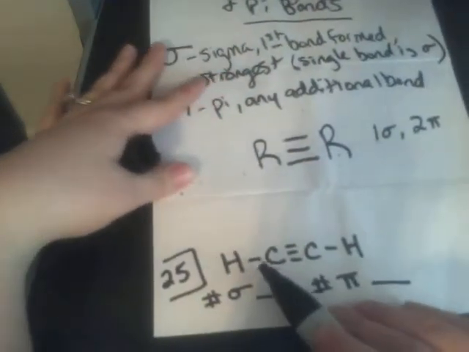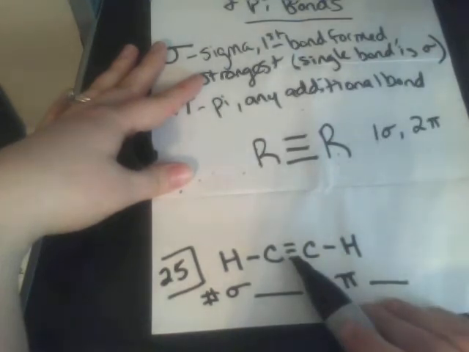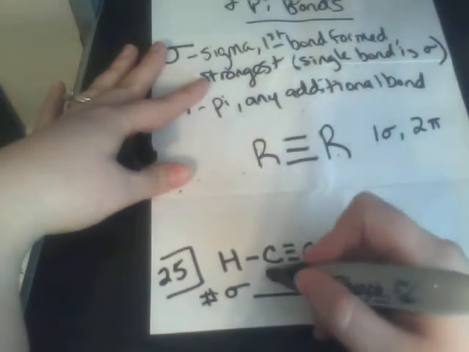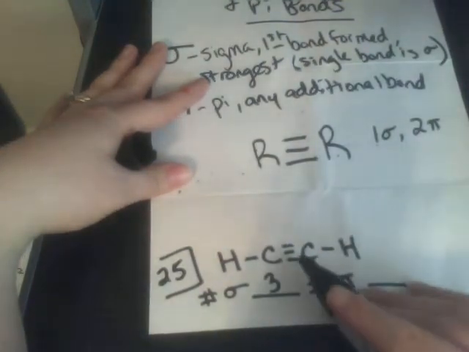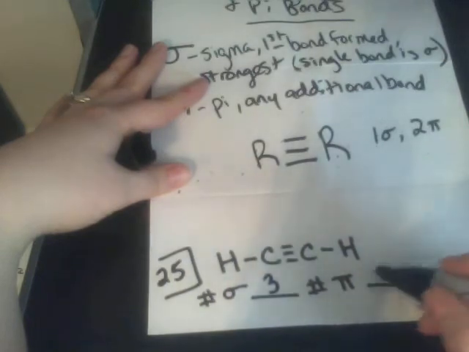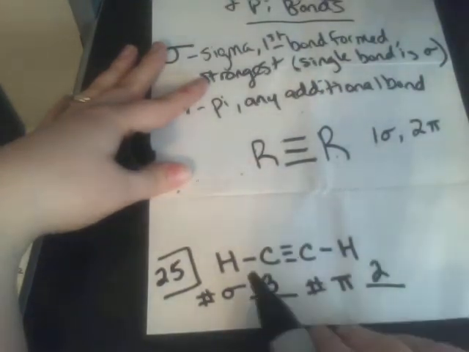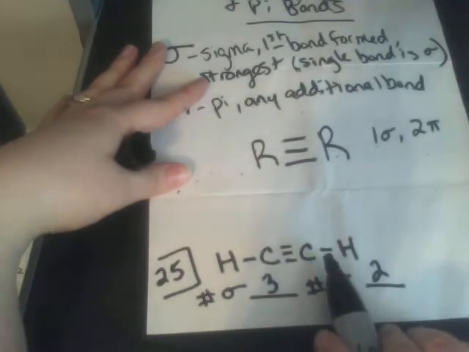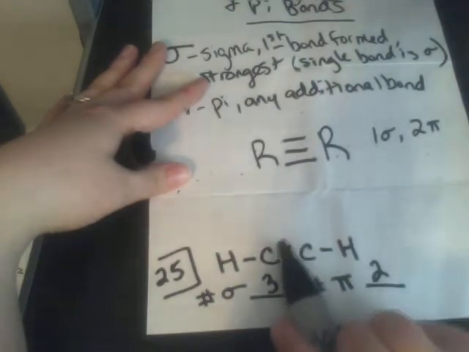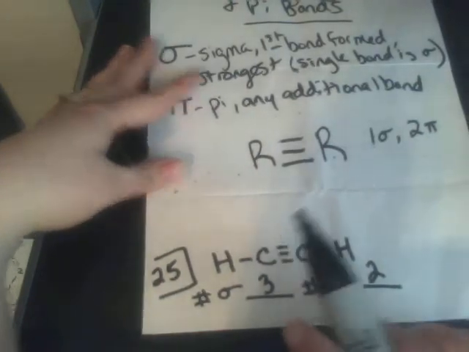So we have one sigma, two sigma, and then let's look here. We have three sigma. What about these two extra bonds? Those are both pi bonds. So we have 1, 2, because they're the single. And then in a triple bond, you have one sigma and two pi, excuse me.